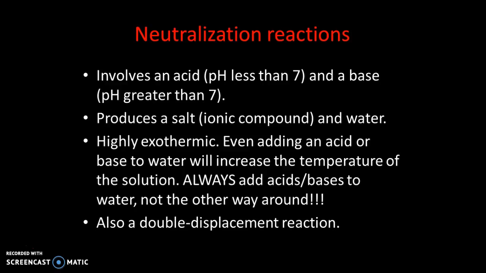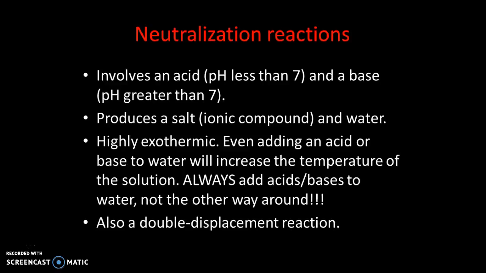And the last one we're going to look at is neutralization, and that's between an acid and a base. And again, I told you guys before, I don't expect you to recognize an acid or a base. We did not name acids or bases, so I don't expect you to recognize those.